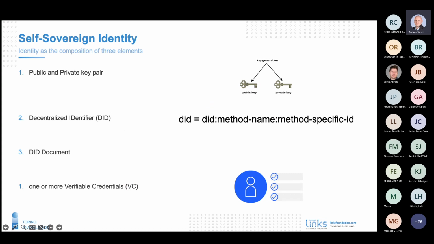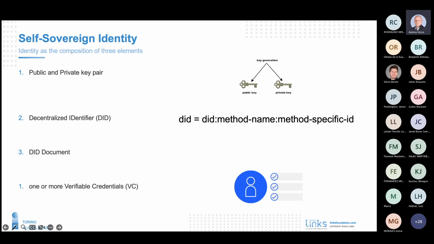You can see this method-specific ID as an address, an index on that specific ledger. So this URI points to a specific ledger with a specific address where, and we will see how, the object is going to store its public key. So you can think of the DID as a pointer to a specific distributed ledger technology, and the last part of this URI is an index that you are going to use to retrieve a public key.